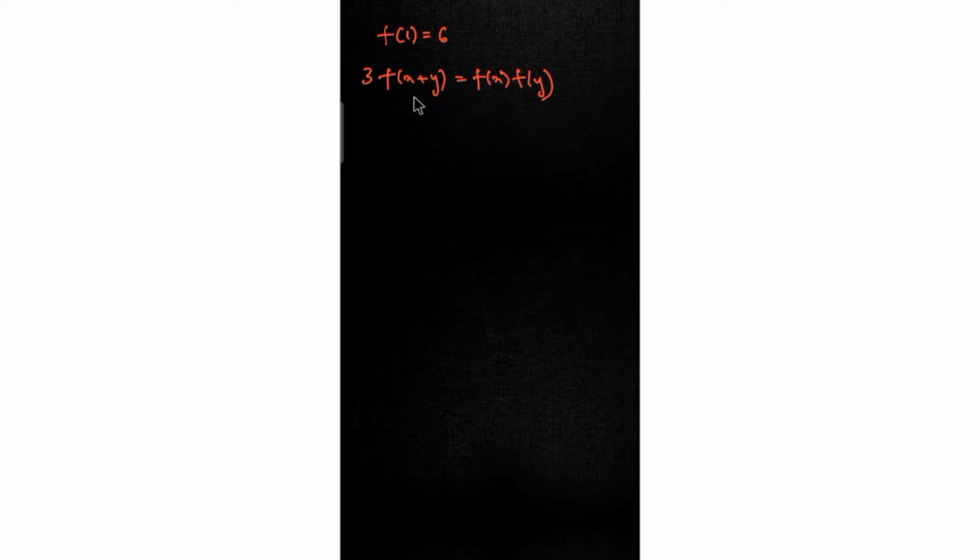So let us find the value of f of 0 also. Just put x is equal to 0, y is equal to 0, you get 3 f of 0 is equal to f square of 0. So you get f of 0 into f of 0 minus 3 is equal to 0. So you get f of 0 is equal to 0, or f of 0 is equal to 3.